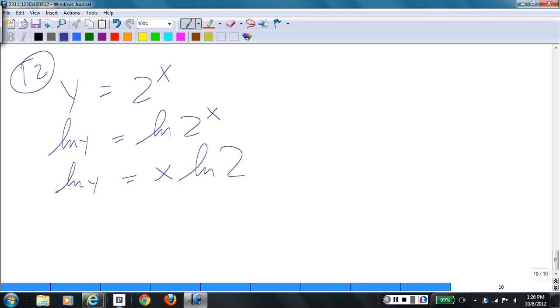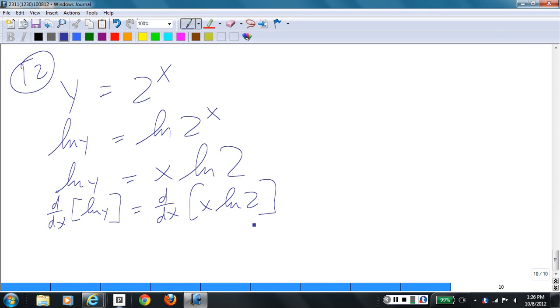Now when we differentiate both sides with respect to x, the right-hand side initially looks a little bad, but really it's not even a little bad. It's linear. x natural log of 2: if we graph y equals x natural log of 2, that's a straight line with slope natural log of 2.